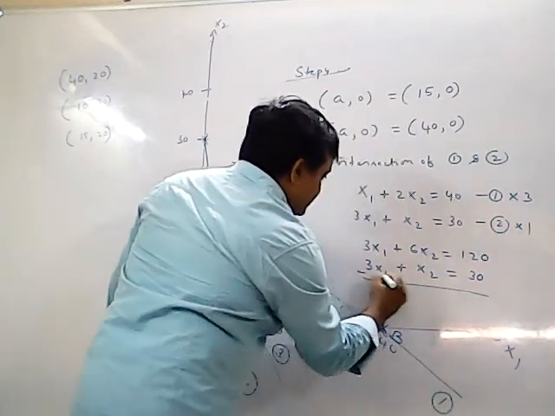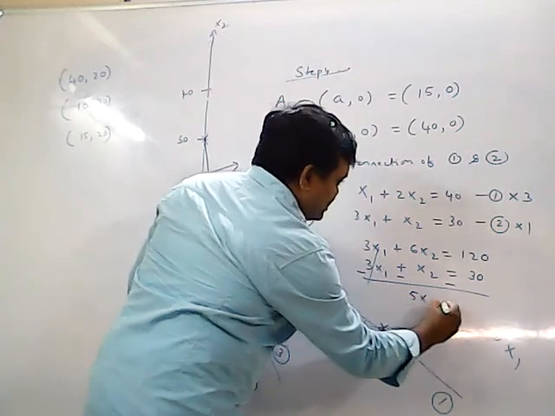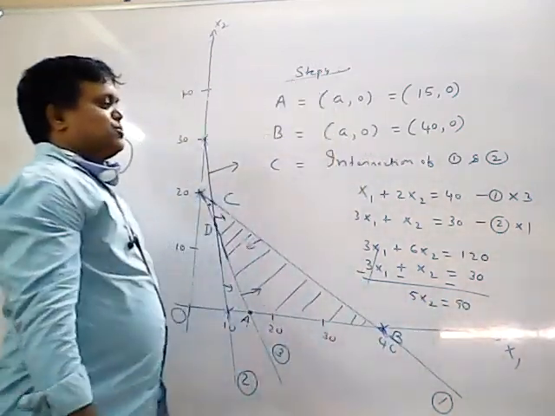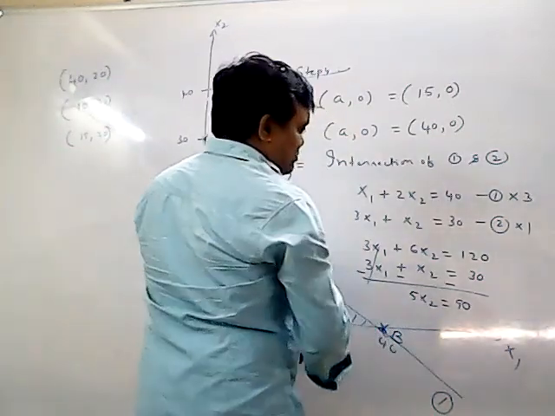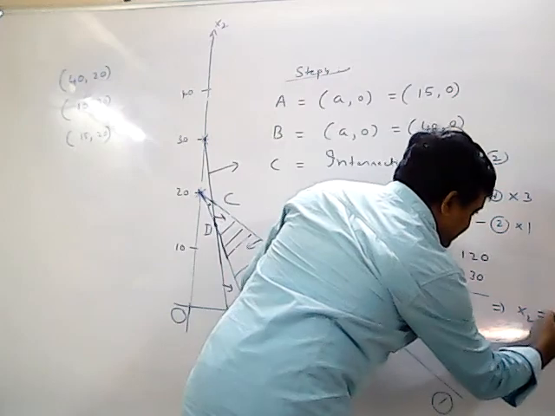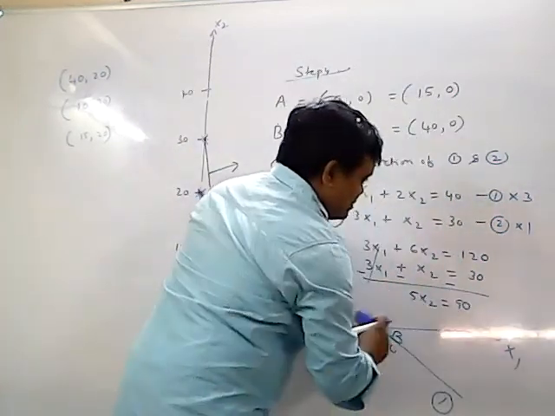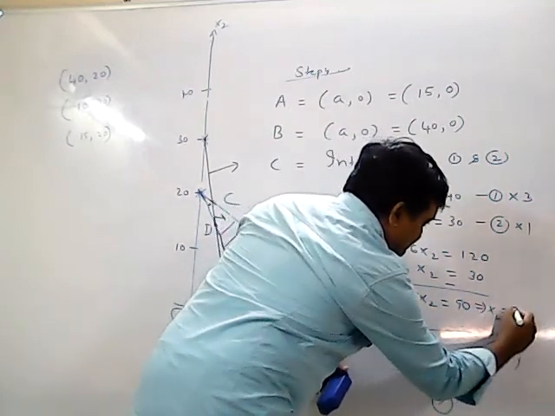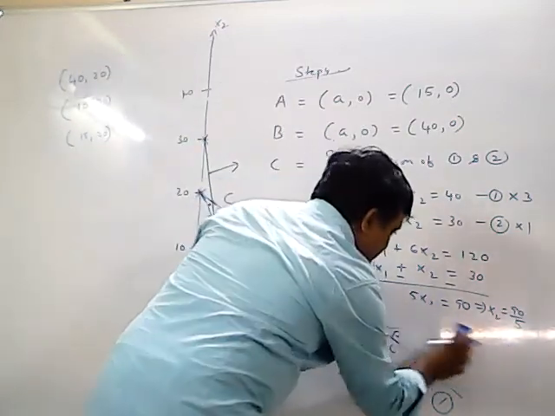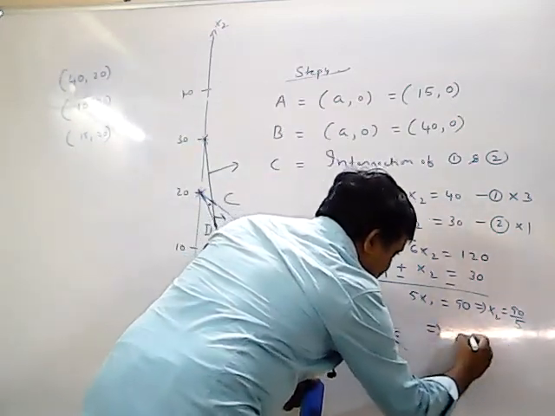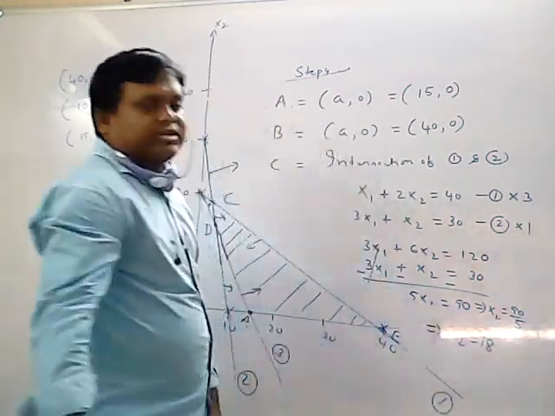If you subtract, x1 cancels, so 5x2 equal to 90, since 120 minus 30 is 90. Therefore x2 equal to 90 divided by 5, so x2 equal to 80.